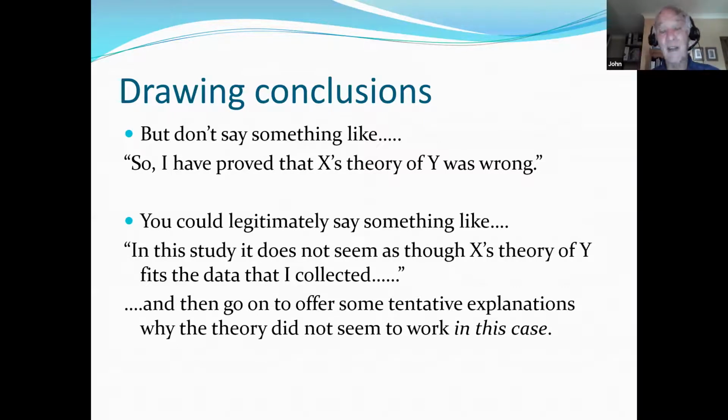If yours didn't fit, you could legitimately say something like, it doesn't seem as though the theory fitted, and then offer some tentative explanation. And it may be that there was some other factor working in your case, or it may be that your results weren't good enough. Well, too late to change that, but you can talk about how you could have improved it. But don't just dismiss the idea, build on it.